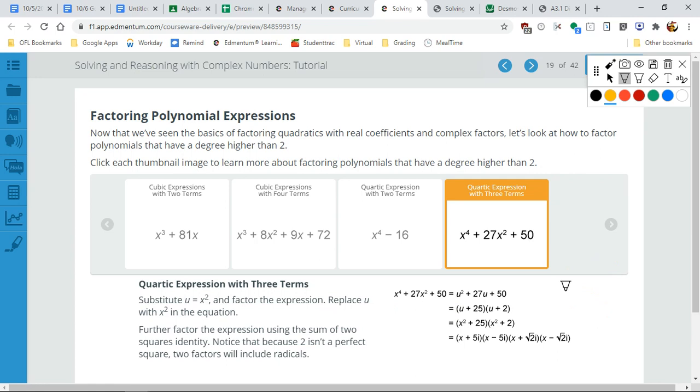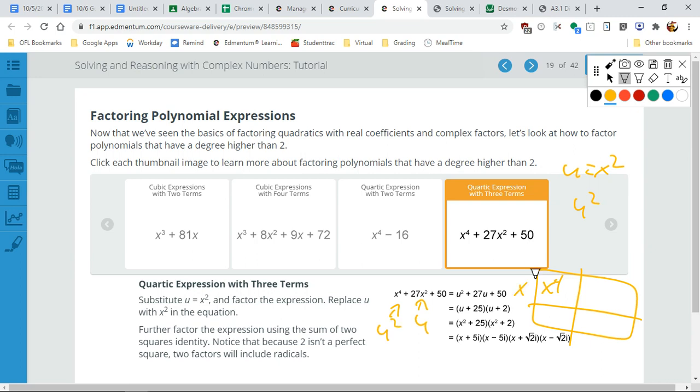Now, the difference here is they call this U substitution because see how this is an x squared or x to the fourth? Instead of calling it x to the fourth, and doing it with the box method and making it all easy, they're like, just pretend it's U squared. And if U equals x squared, then this right here is U. So it's a little confusing.